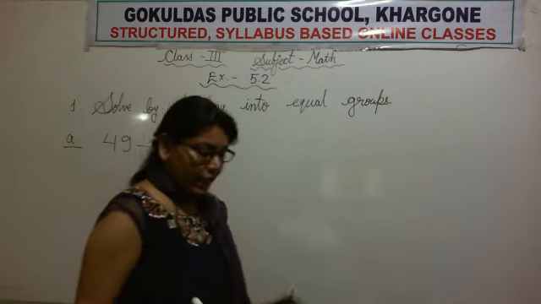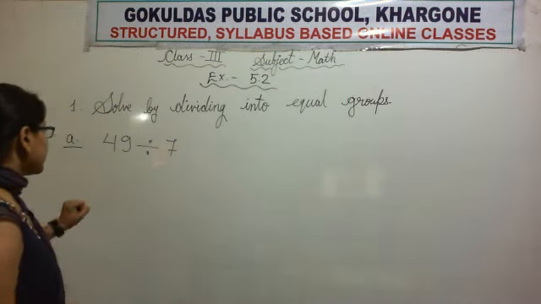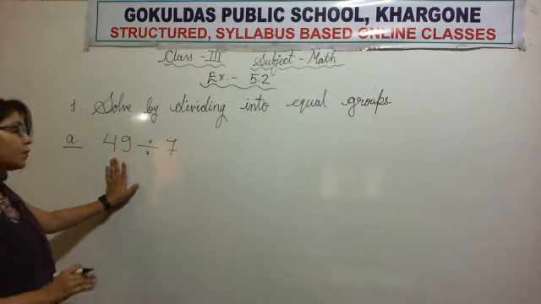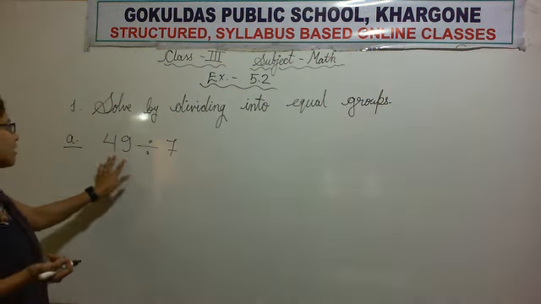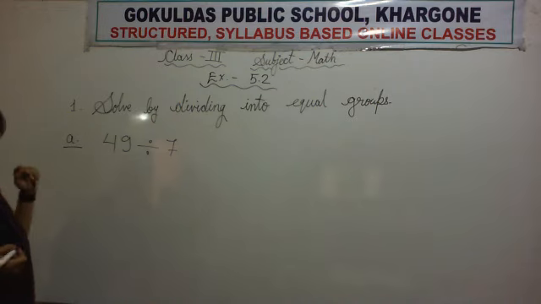For dividing it equally, let's consider something in number of 49. Let's consider there are 49 stars.